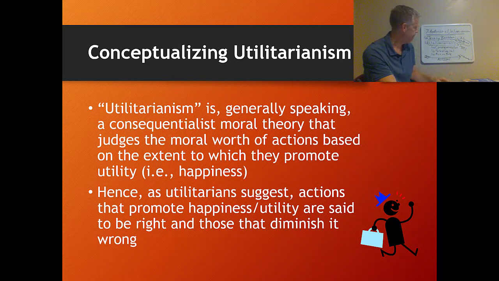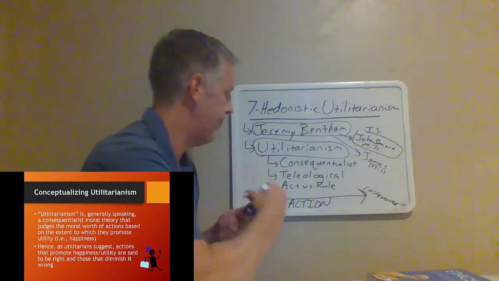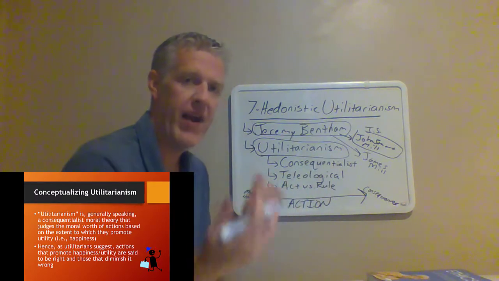So, as I point out on page 3, we're going to start to try to describe what the theory is or what it looks like. Generally speaking, as I mentioned on slide 3, it's a consequentialist moral theory, more on that in a moment, that judges the moral worth of actions based on the extent to which they promote utility. Utility is just a fancy word for happiness.